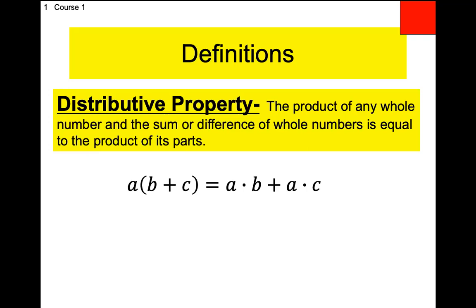So it says the sum or difference, so let's see one where there's a difference. Okay, the product of the difference of two whole numbers is equal to the product of its parts. Notice the plus has a plus. The minus has a minus, or the addition has an addition, subtraction has a subtraction. This probably, to most of you, doesn't make much sense right now, and that's okay.